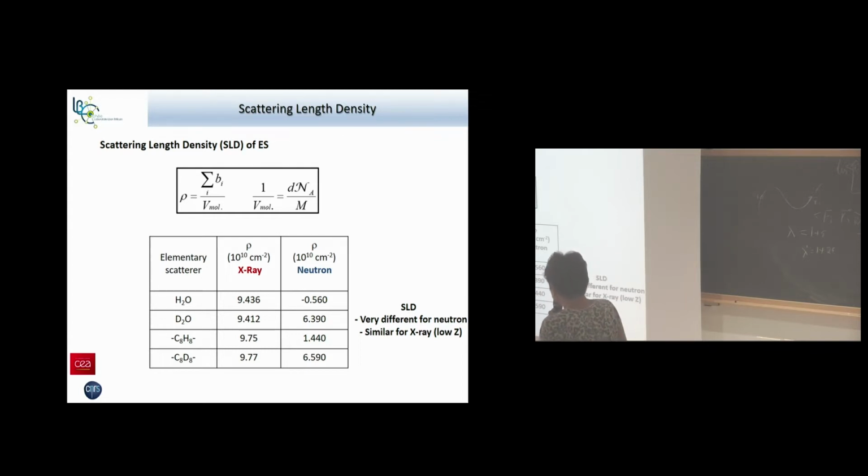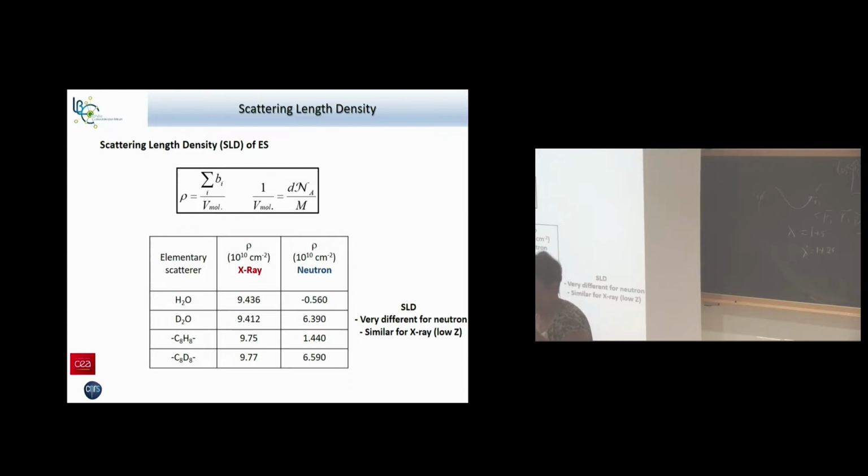So if we look at scattering lengths with neutrons, you see there is a huge difference between the one of H2O and the one of D2O, and also between hydrogenated polystyrene and deuterated monomer of polystyrene. There is a huge difference between the scattering length density of polymer and solvent, which is not the case for X-ray.